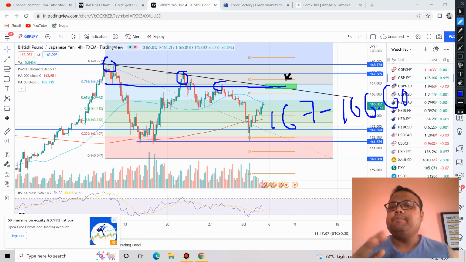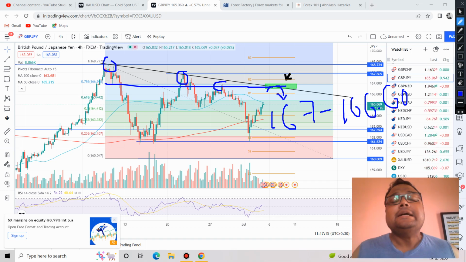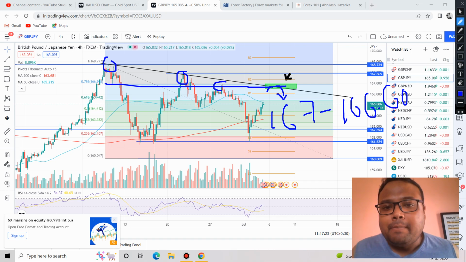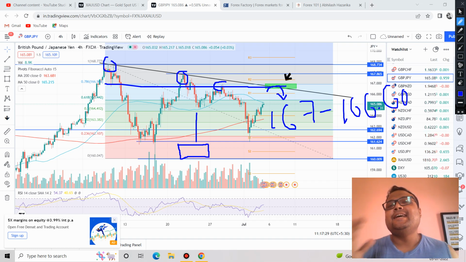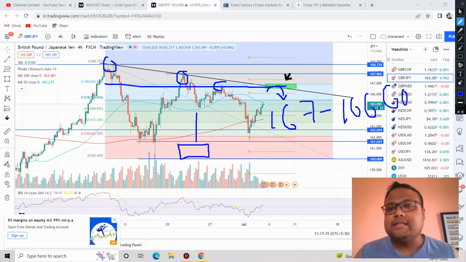If GBPJPY goes up, then definitely you can expect selling or reversal from this area. If the market reverses from this area, then definitely you can take a sell position. But observe the market first. If you see that the market is unable to go up, is struggling around this level, if you see it forming a shooting star kind of pattern, you will get the confirmation that sellers are present and you can take a sell position. This is your first resistance.